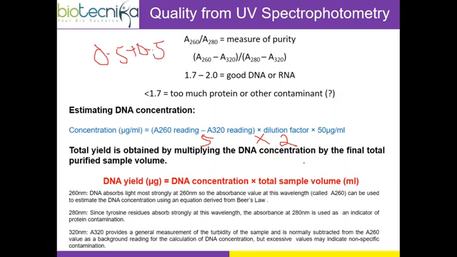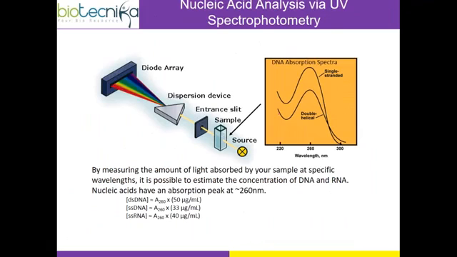Dilution factor 2. So I know that 50 microgram per ml means the OD should be equivalent to 1. Understood? From this formula.